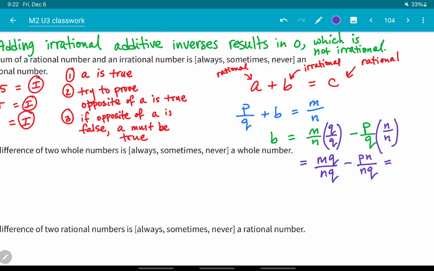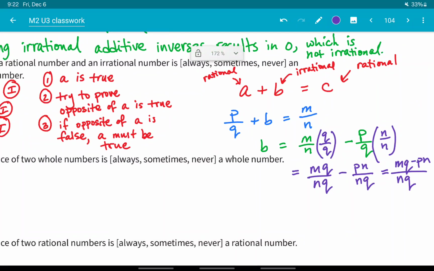So now I'm going to have MQ minus PN on the top, and NQ on the bottom. Now, we can use what we already know about integers and addition and multiplication to figure out what this is going to be. On the bottom, we have an integer times an integer, which is also going to be an integer.